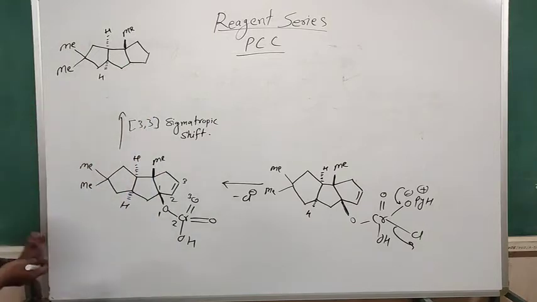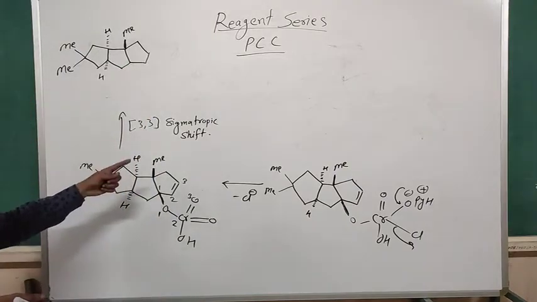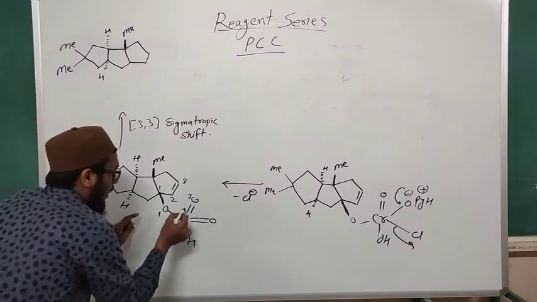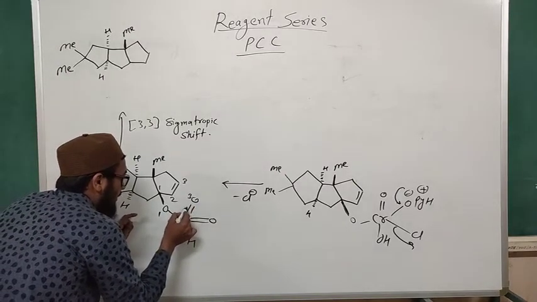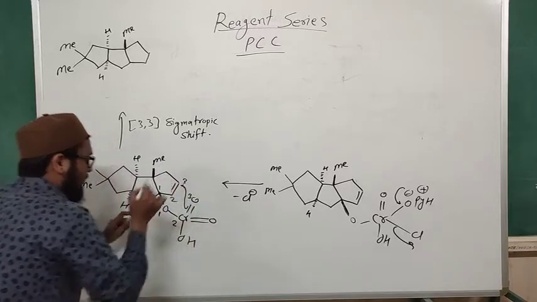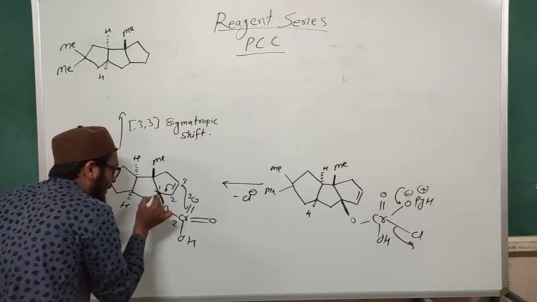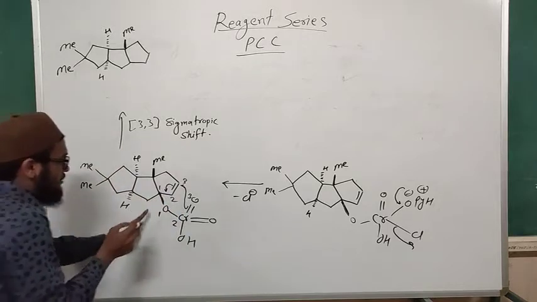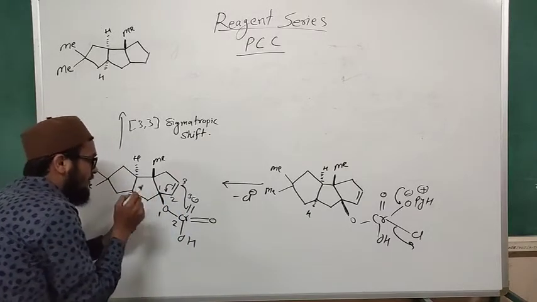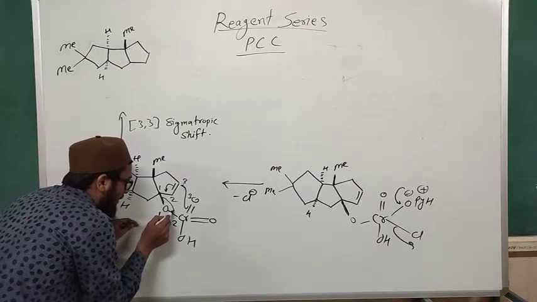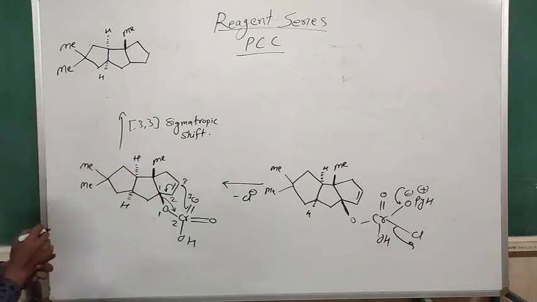Now look at how the 3,3 sigmatropic reaction will go. Look at here. This chromium oxygen bond will attack at carbon number 3 and this double bond will shift between carbon number 1 and 2, and this carbon number 1 and oxygen bond will break and convert into a double bond.